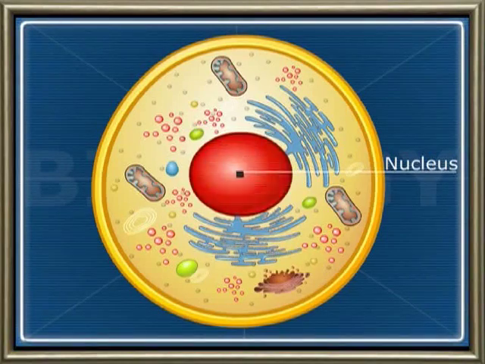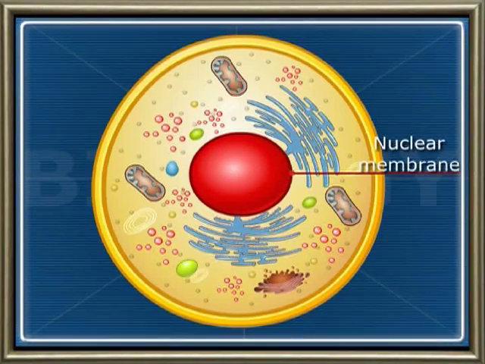We will now examine the structure of nucleus. The nucleus externally has a double-walled membrane known as nuclear membrane, like the plasma membrane. It is made up of proteins and lipids.